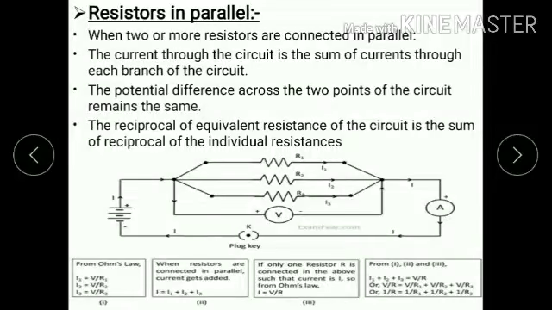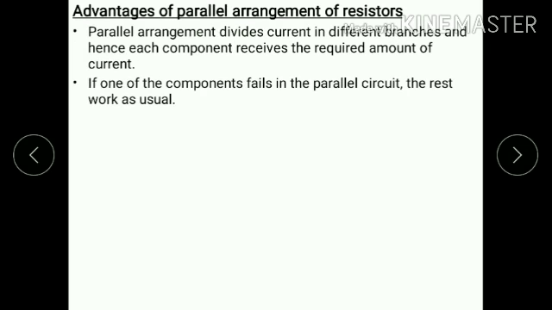I think you understand very well what a series combination is and what a parallel combination is. The difference is that in the series combination current is the same but potential is different, but in the parallel combination current is different and the potential is the same. Okay, what is the advantage of the parallel combination? The parallel arrangement divides current into different branches and hence each component receives the required amount of current.